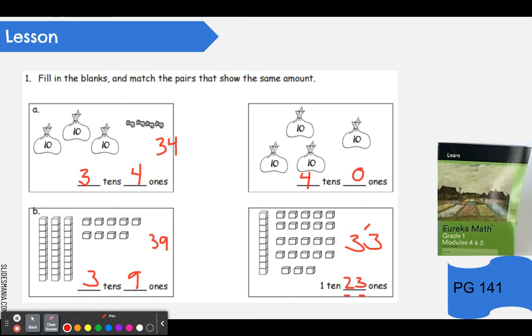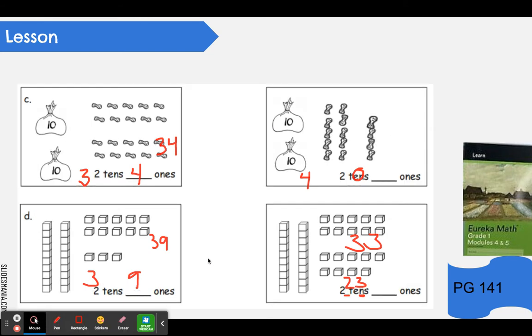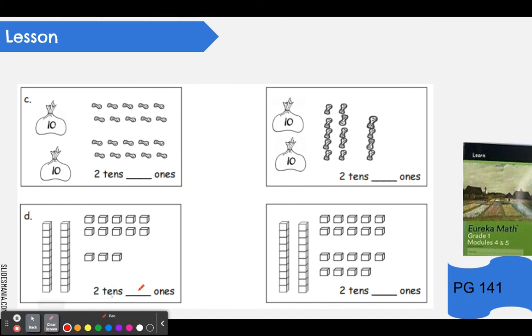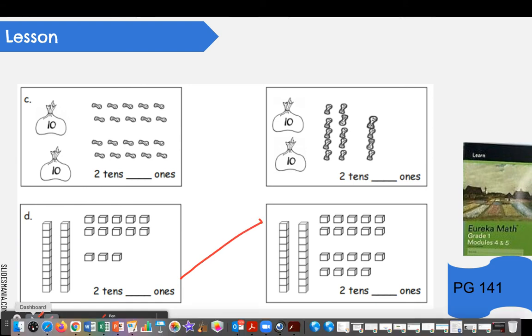Okay, so you're going to go ahead and continue. I helped you with 4 problems. You're going to continue doing the next 4 problems, which are C, D, and then these. Once you're done, you're going to have to match them to the correct ones that have the same number.